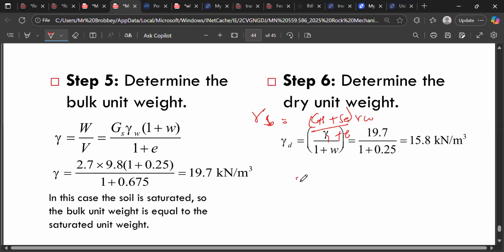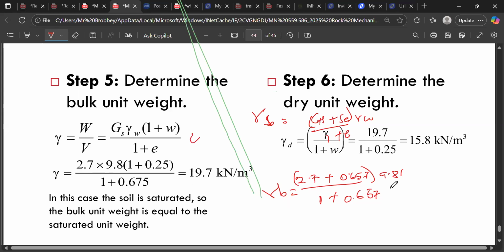I know my GS to be 2.7 plus S is 1, E is 0.675, and then I have my 1 plus E again, 1.675, times 9.81, and then I can have my bulk, right? So when you compute that, you see they used a different formula. We also used a different formula, and we should be getting the same answer, right?